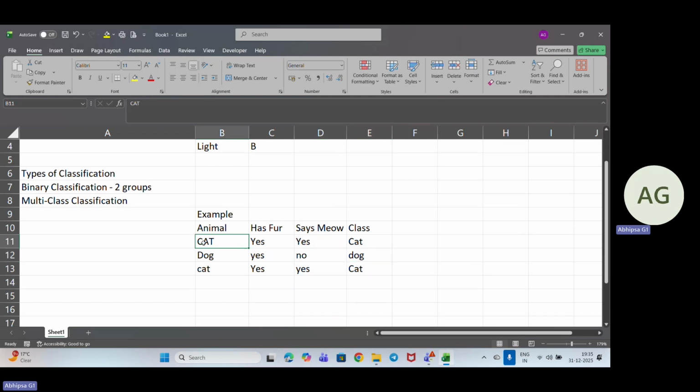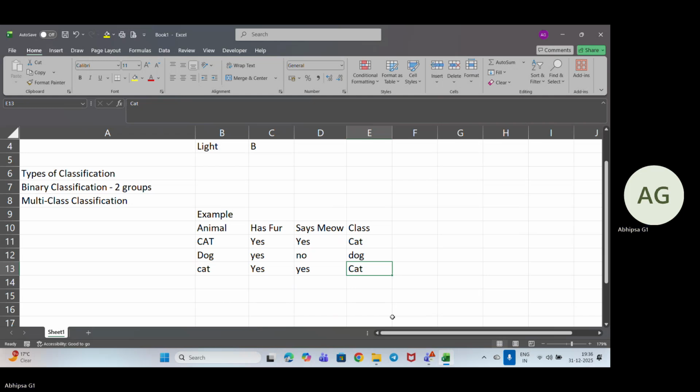If it has fur yes and says meow yes, then it is coming down to cat class. Again, cat with fur yes, meow yes, is in cat class. So after seeing all of these examples, my model will be able to understand that if it says meow, then it will come under the cat class.